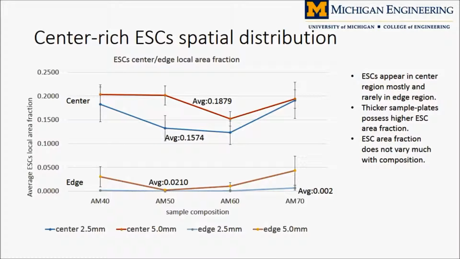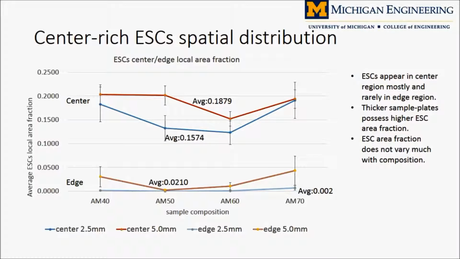With the analysis of data from MATLAB simulation, the variation of local ESC area fractions for different alloy compositions and thicknesses is shown below. The center region possesses an average of 0.188 or 0.157 ESC area fraction for 5.0 or 2.5 mm thickness alloy respectively, which is much higher than the edge region ESC area fraction.